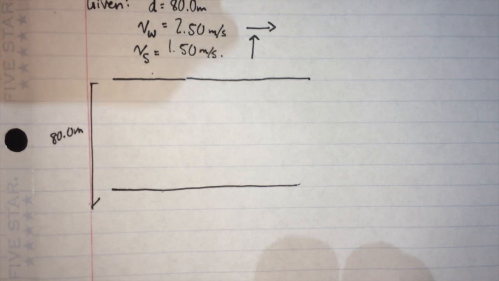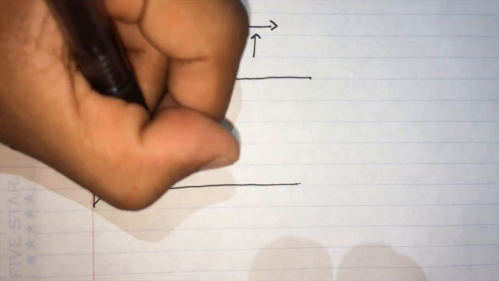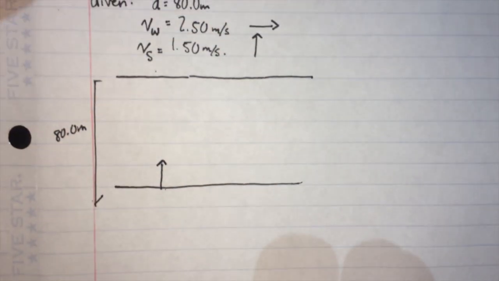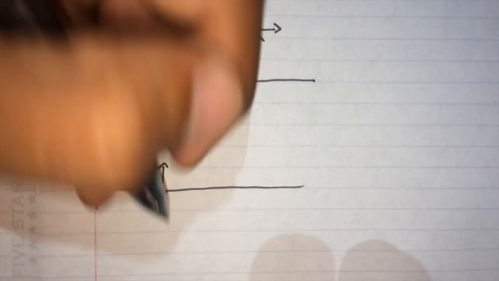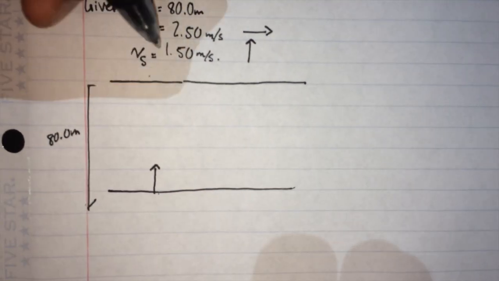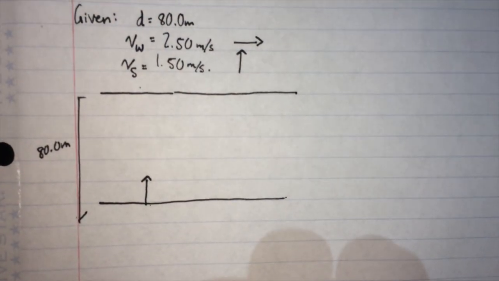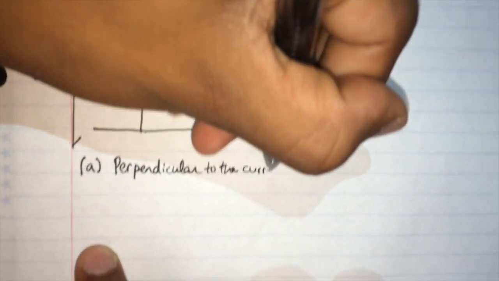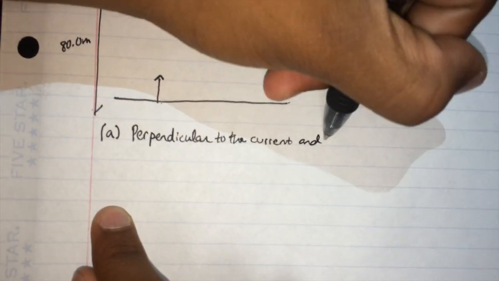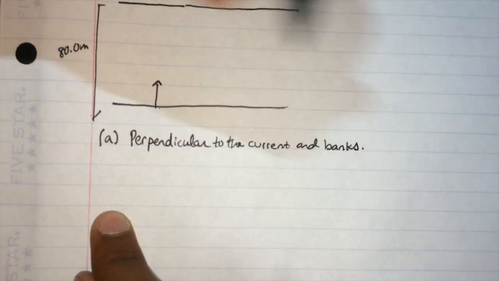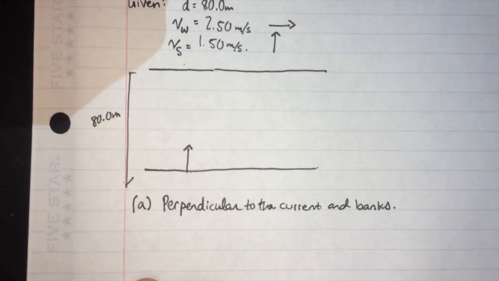So if we want to minimize the time, we should be going perpendicular to the current, in which case the only velocity we're worrying about is the one going upwards. So for A, the direction we should head in is the one perpendicular to the current and banks. Essentially in that direction shown by the arrow.